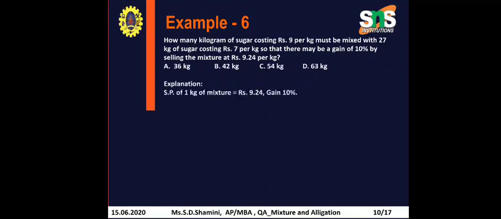Selling price of 1 kg of mixture equals rupees 9.24 as given, and the gain is 10%. So the cost price of 1 kg of mixture equals 100 divided by 110, as the gain is 10%, into the selling price 9.24, and you will get rupees 8.40.